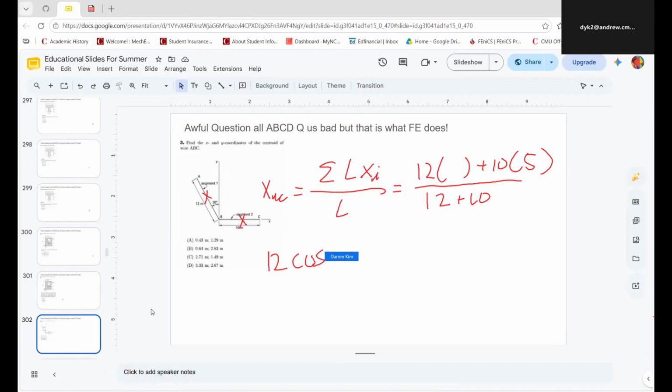No, not cosine. Sine 30, okay? And divide by 2, which is 3.